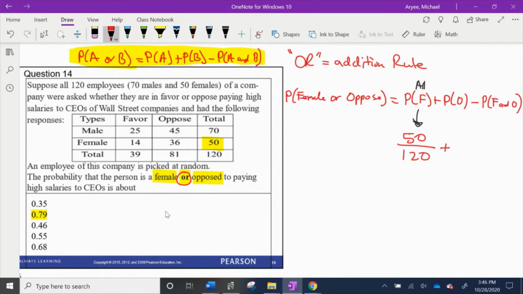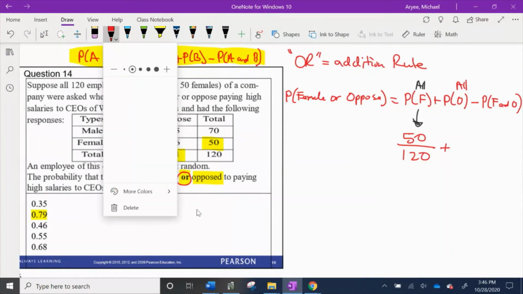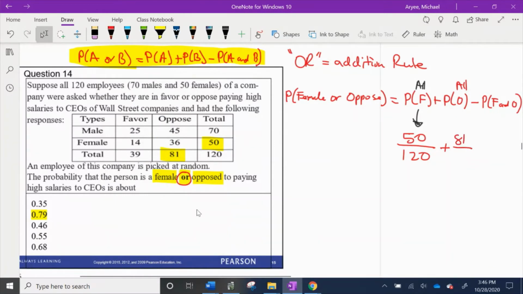Now, plus all the oppose. Now, the oppose is 81, right? So, plus 81. Minus "and". "And" means the intersect, where female and female oppose. So there are 36 people who were female and at the same time oppose.